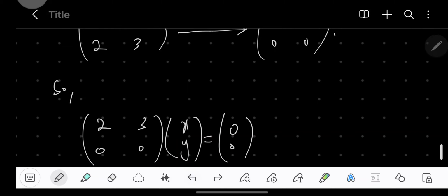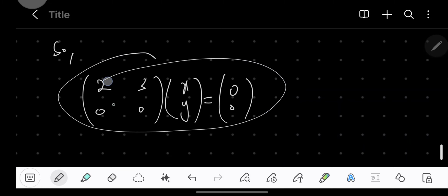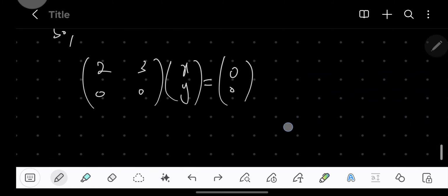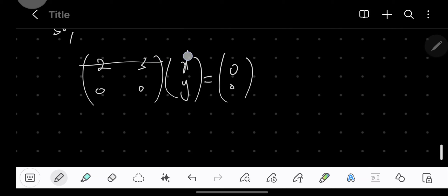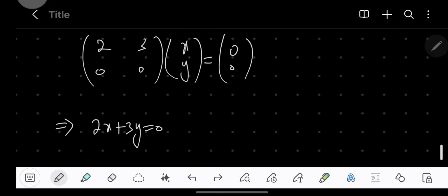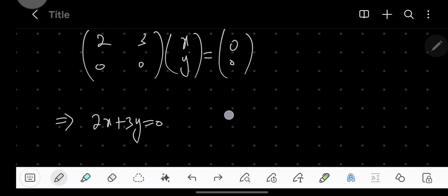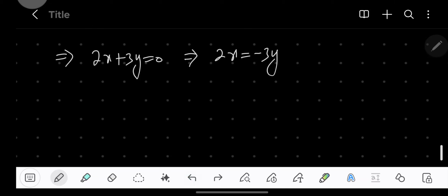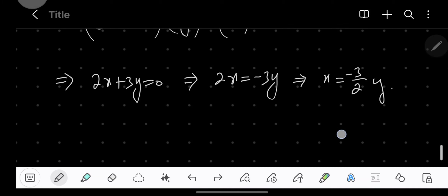After this operation, I will end up with this value. If I multiply this matrix with this, I will get 2x plus 3y is 0. Then if I take 3y to the right side, we will get 2x is equal to minus 3y, and x is equal to minus 3 by 2 times y.